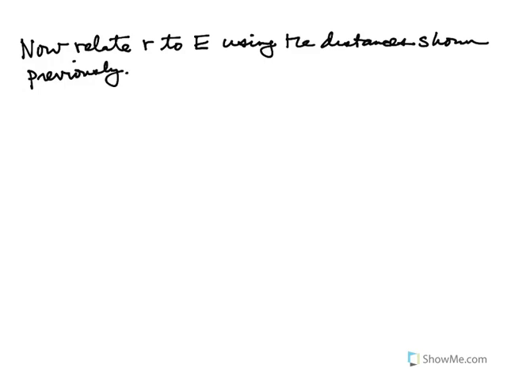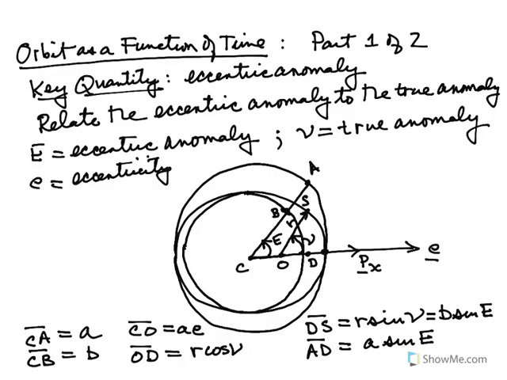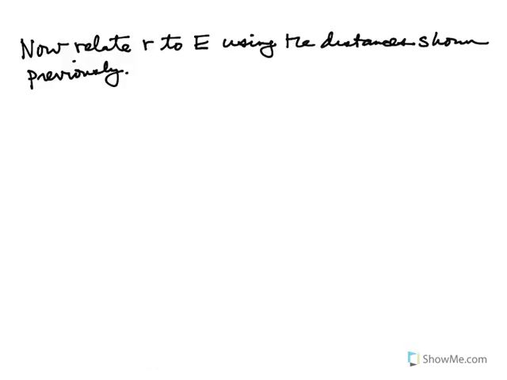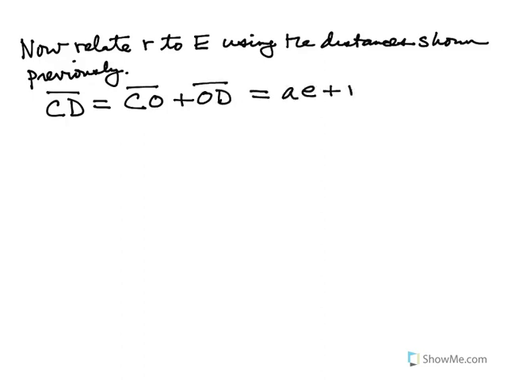So how are we going to do that? Let's look back over here for just a minute. We can see that the distance from C to O is ae, and the distance from O to D is r cosine nu. So that means that the distance from C to D is equal to the distance from C to O plus the distance from O to D, which is equal to ae plus r times the cosine of nu.